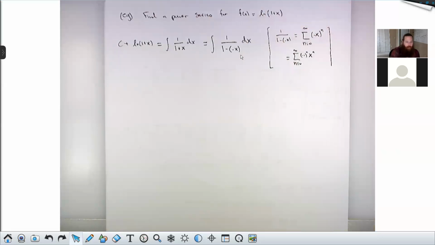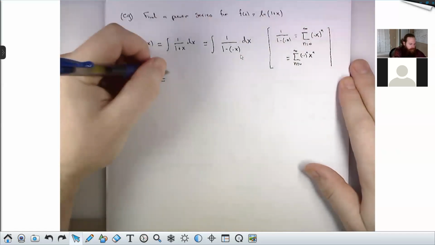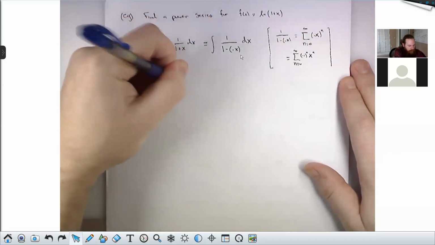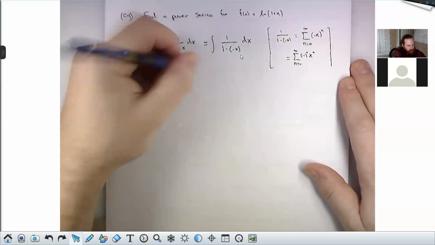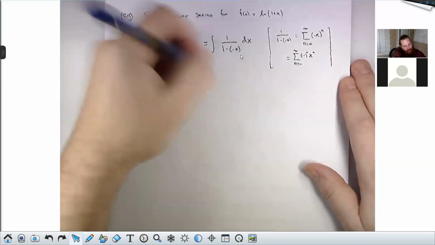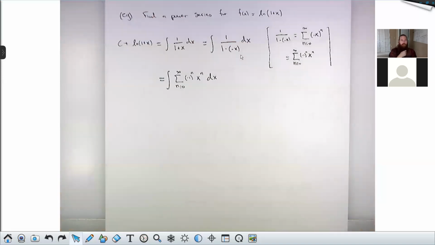Yeah, it's really cool. So from here, I can say this is the integral of sigma n equals 0 to infinity negative 1 to the n x to the n dx. And this looks intimidating. I acknowledge that.